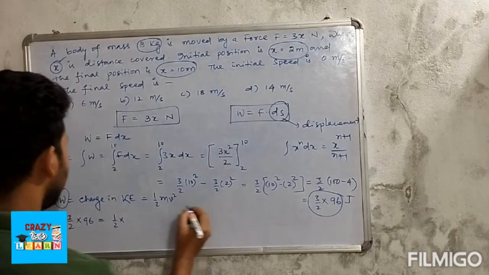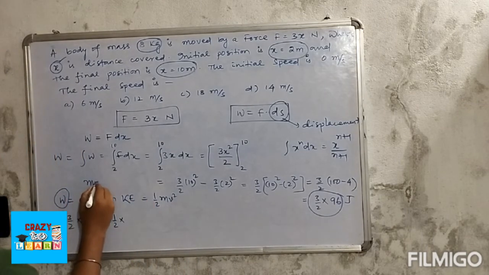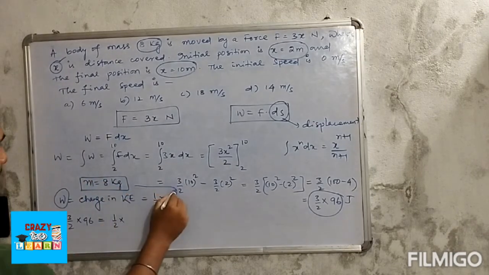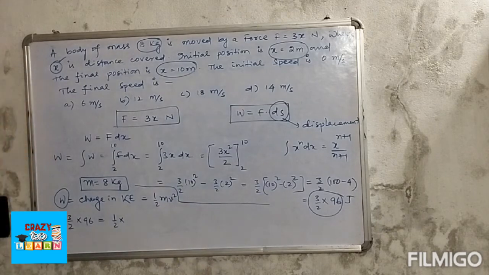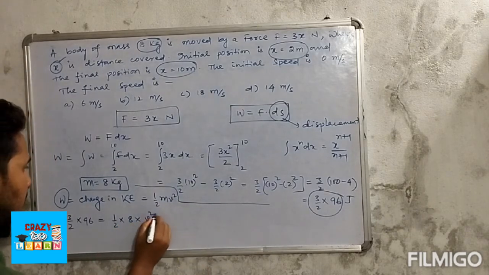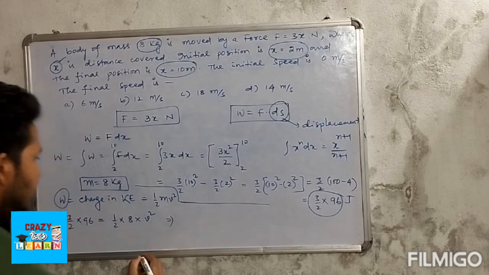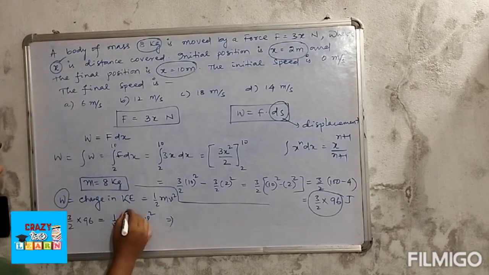What is the value of m here? The value of m is 8 kg. So half into 8 into v square. Solve this. What will you get? Cancel both sides, 4 and 48.